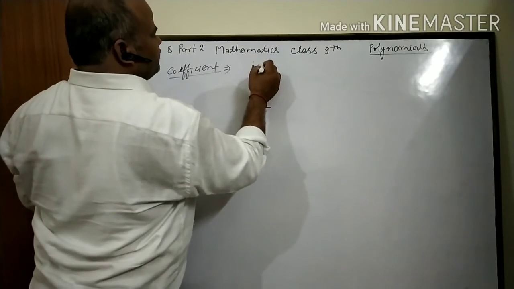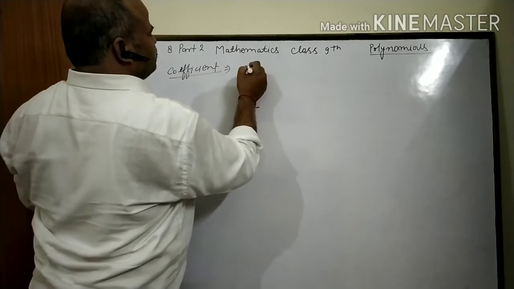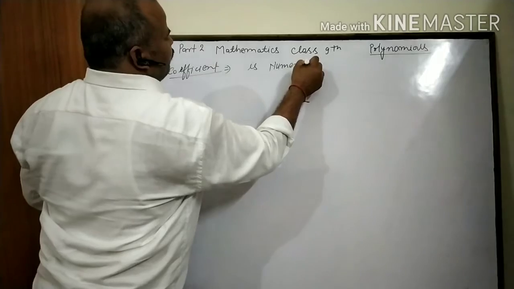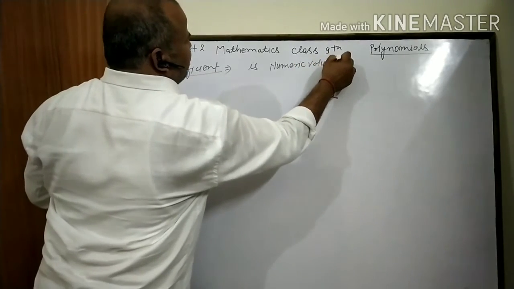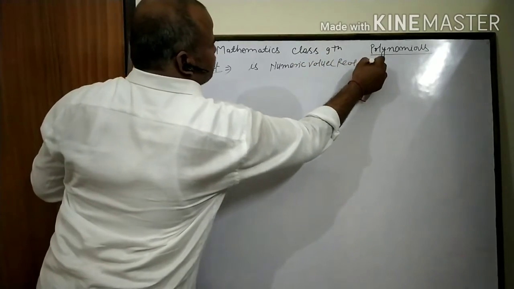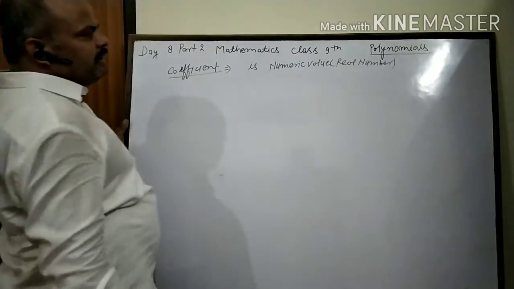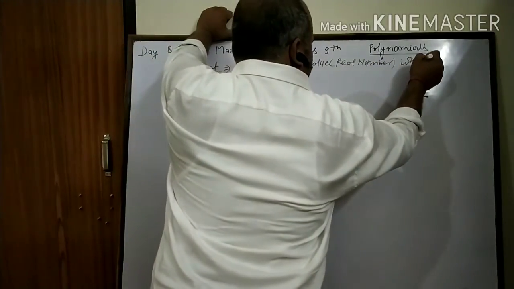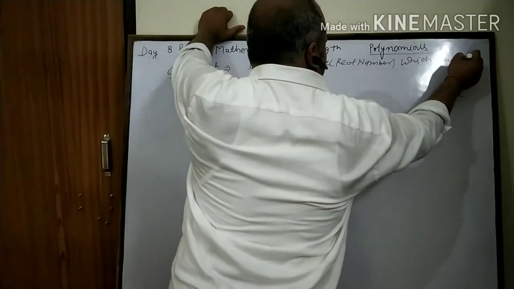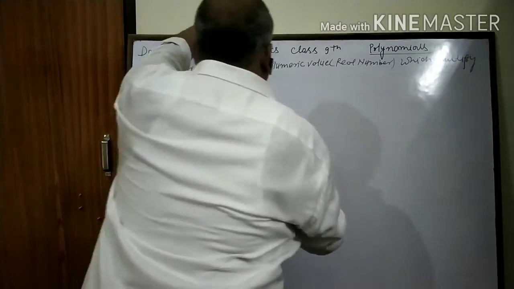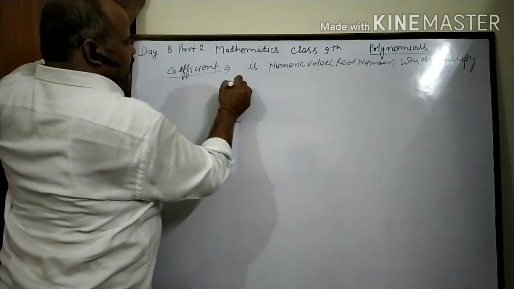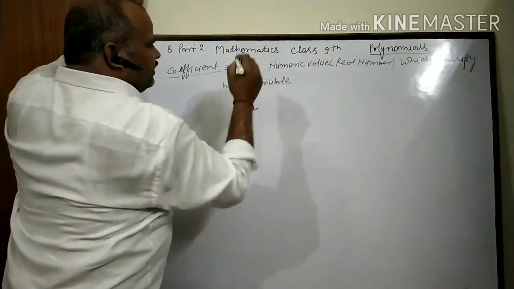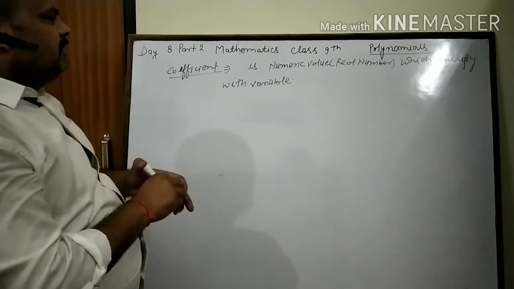Coefficient is a numeric value, or you say it is a real number. Clear? A numeric value which multiplies with the variable.